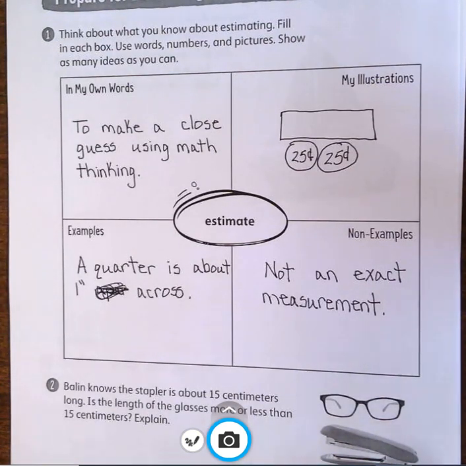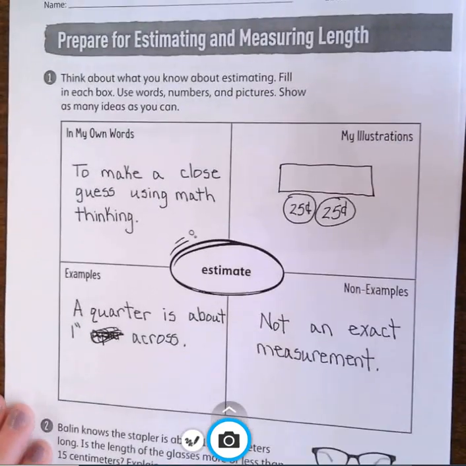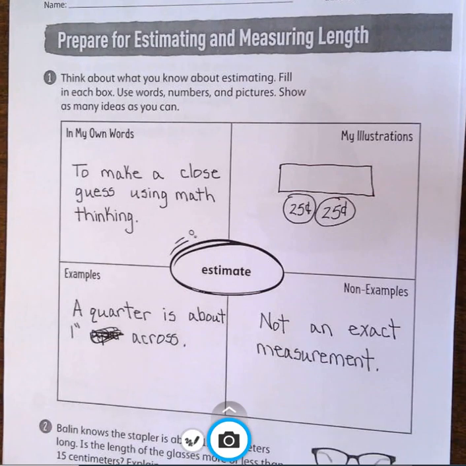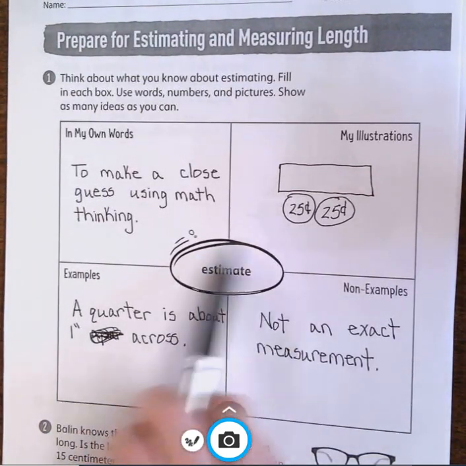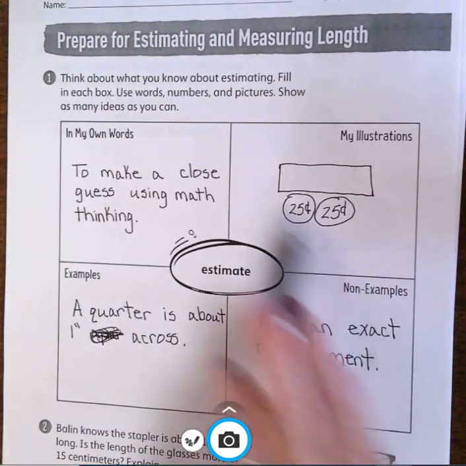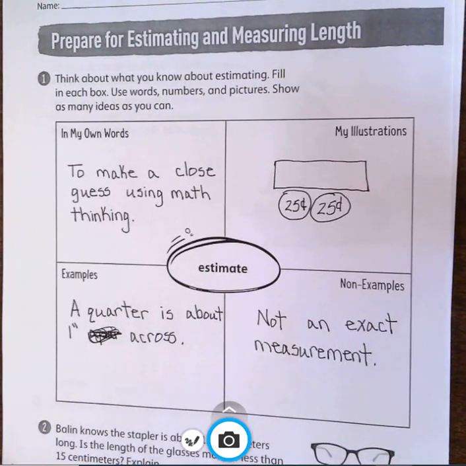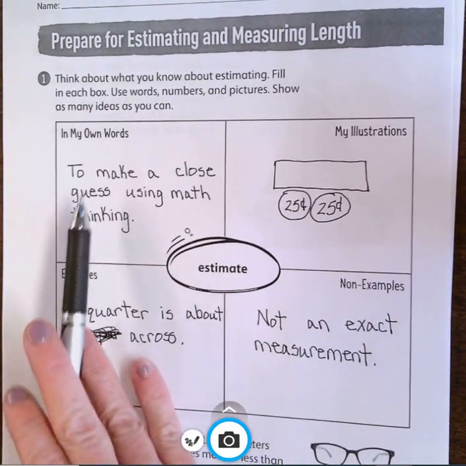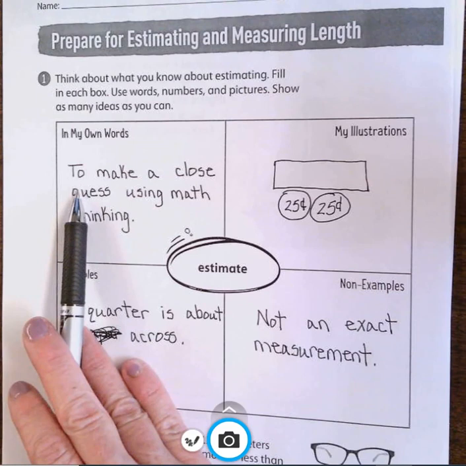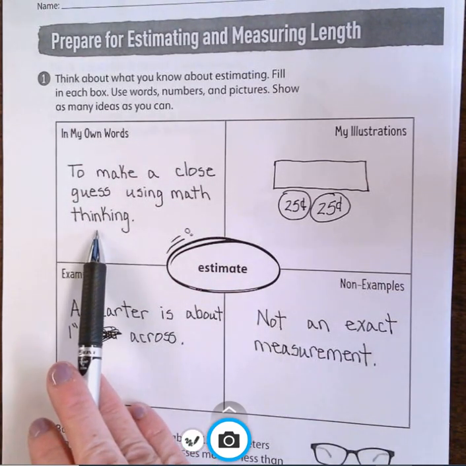You don't have this page because I didn't want you doing it, but I'm going to go over it with you. I didn't want you to take time to have to write everything. So, we're talking about estimate, and this is like a little bubble about things we know about estimation. In my own words, I wrote, an estimate is to make a close guess using math thinking.